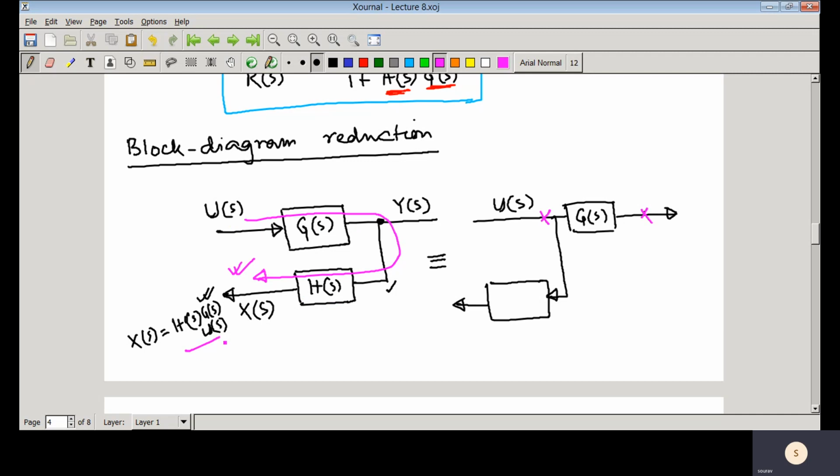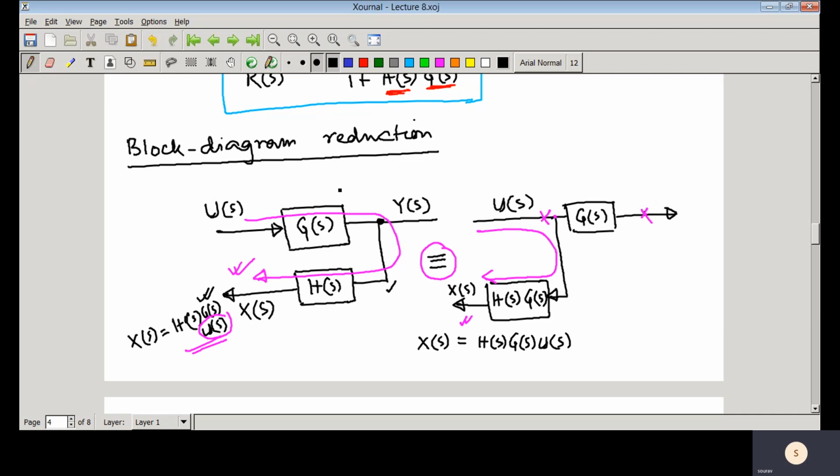So now if you change this tap point from here, and as these two are equivalent, at this particular point you must have the same signal. But how can you have it? You have U(s) here, so obviously this block transfer function would be H(s) into G(s). So then you can see that X(s) would be equal to H(s) G(s) into U(s).